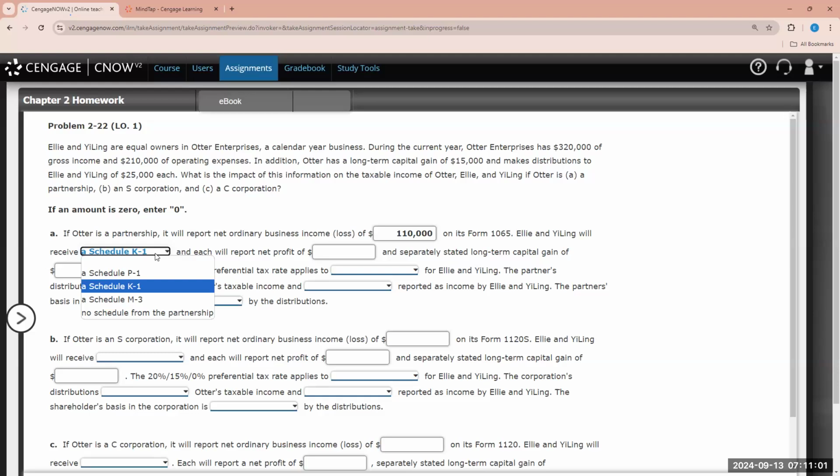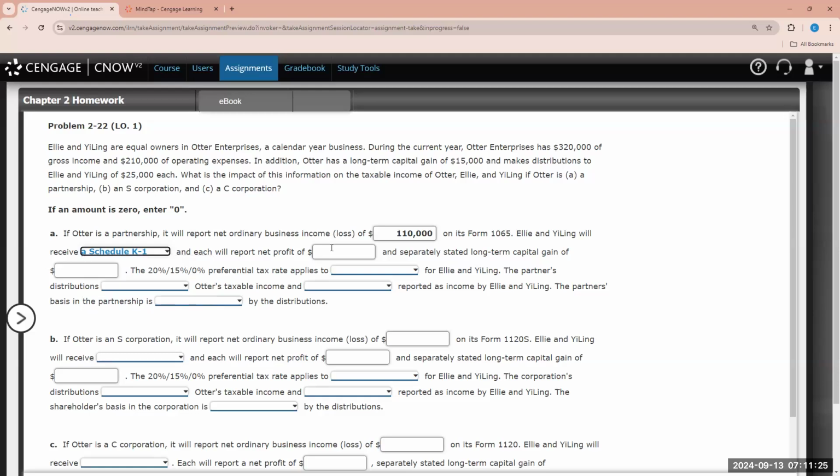It gives the IRS additional information about tax return calculations, because if there are any book to tax differences, this M3 helps to reconcile the two. Schedule K1, on the other hand, reports the individual partners' income, their deductions, their gains and losses and things of that nature.